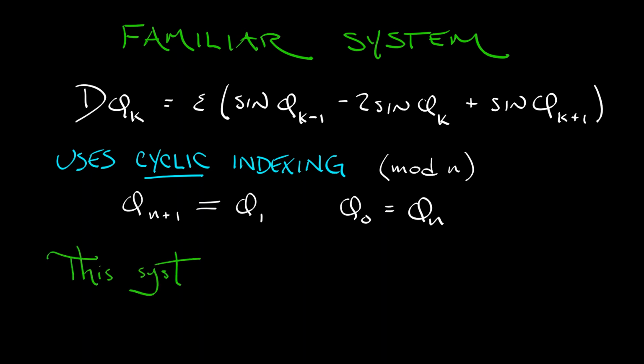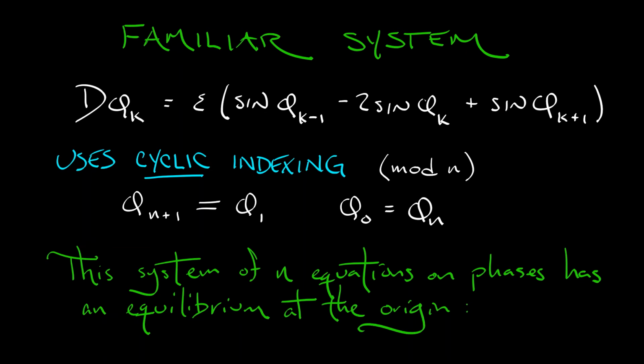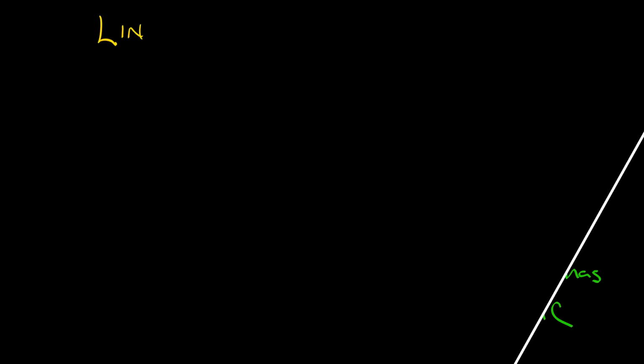Okay, now this system of n equations on our different phases has an equilibrium at the origin. As you can clearly see, this is the synchronized state where all of the oscillators, all the spinors, are moving in sync, and all the phases vanish. Now, what matters, of course, is the linearization of this system at the origin.